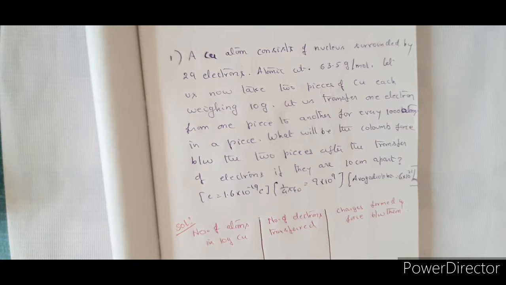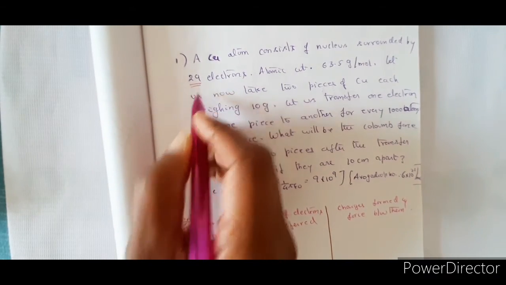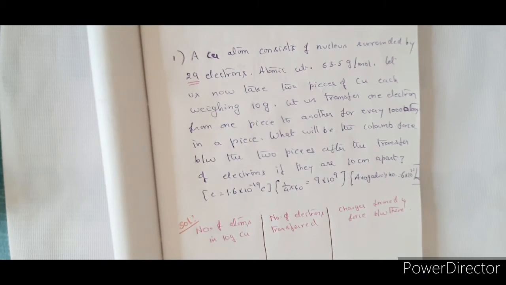We are going with those problems, and the first one from that set is: a copper atom consists of a nucleus surrounded by 29 electrons. You know that copper has 29 electrons, and its atomic weight is 63.5 gram per mole.